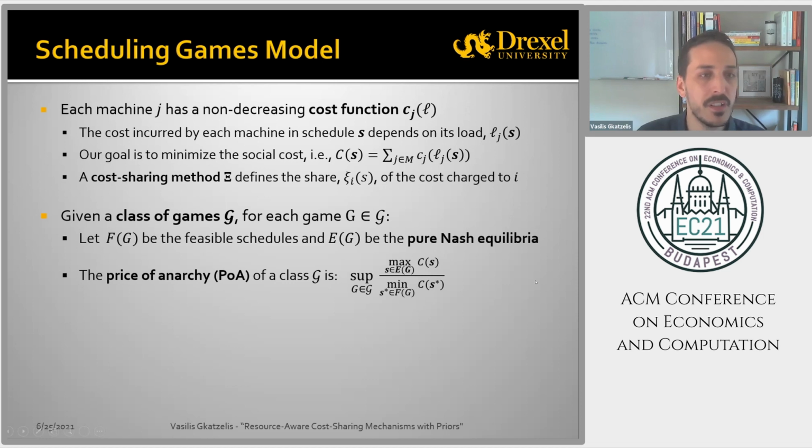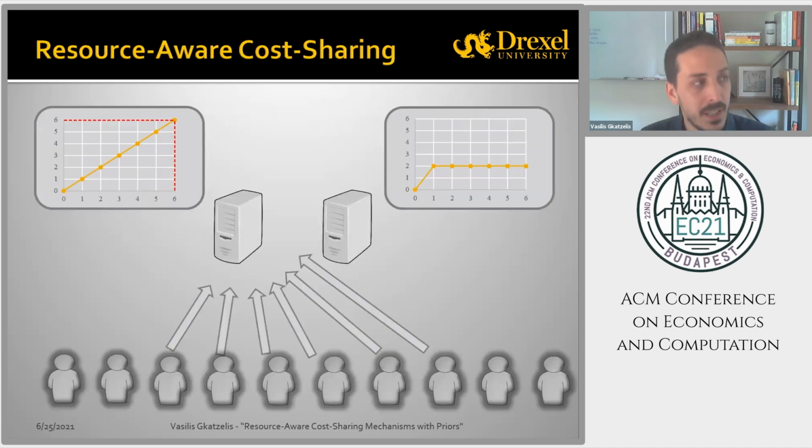So our goal is to make sure that even in a decentralized way, we get a good outcome in this load balancing setting. The cost-sharing mechanisms that we're going to focus on are resource-aware cost-sharing mechanisms, which need to be decentralized. They cannot know everything about the system.